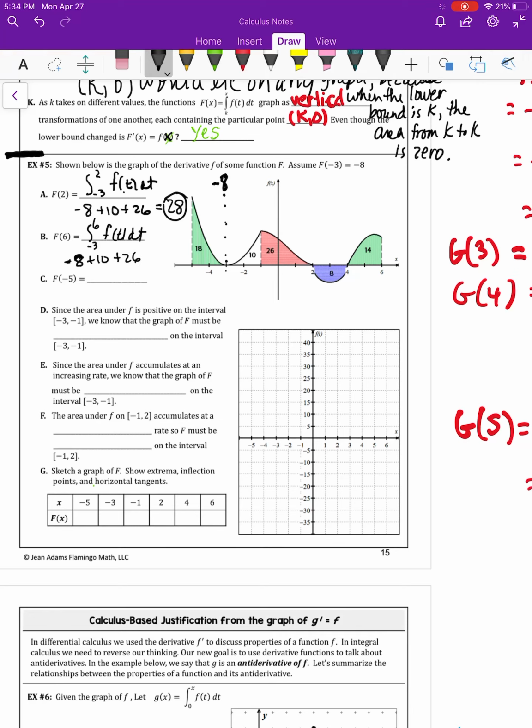So we're adding 10, we're adding 26, we're subtracting 8, and then adding 14. Because for F of 6, if we know where we are at negative 3, then we have to calculate all the way. And if I added all of those, I should get 34.